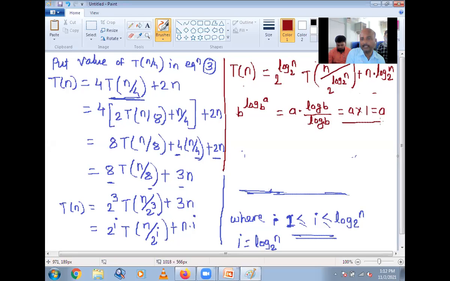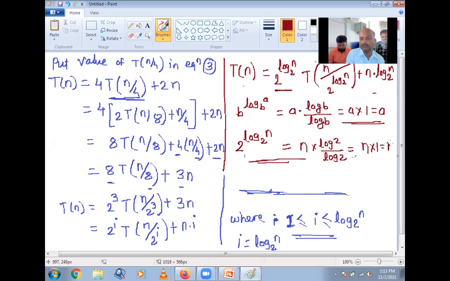We can directly write, similarly, here 2 raised to log n base 2 is n.